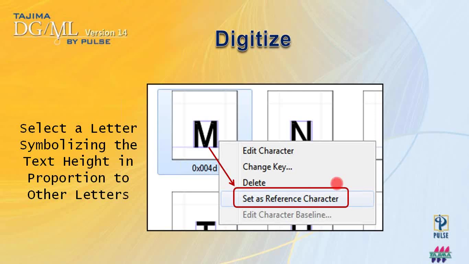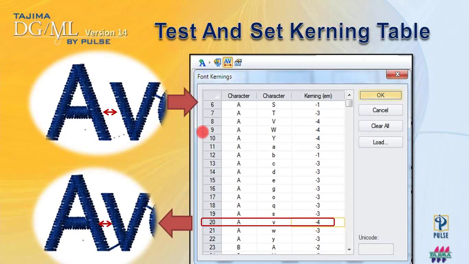Normally I would select the uppercase letter M as my reference letter, because the uppercase M is mostly the tallest letter in the alphabet. That depends on the font itself, of course, but usually the letter M is a good choice as the reference character. Good, so let's go to the next slide.